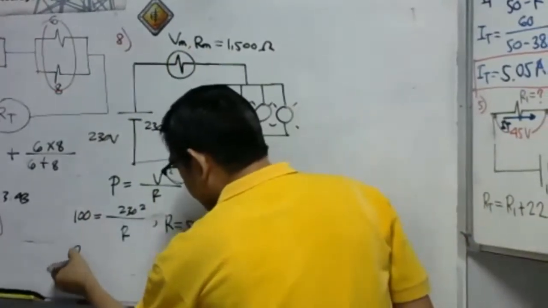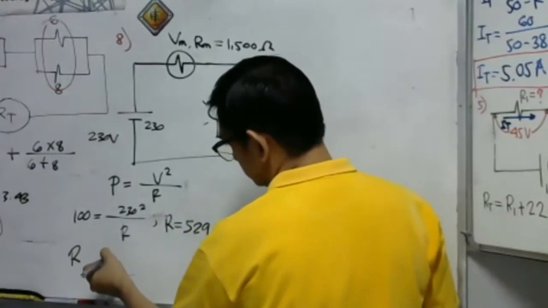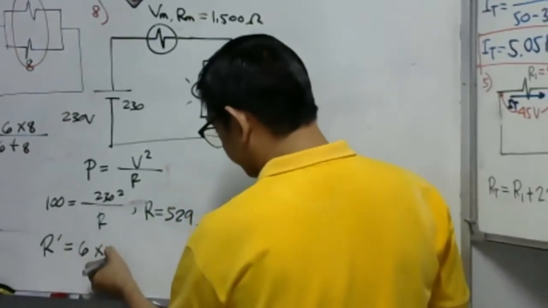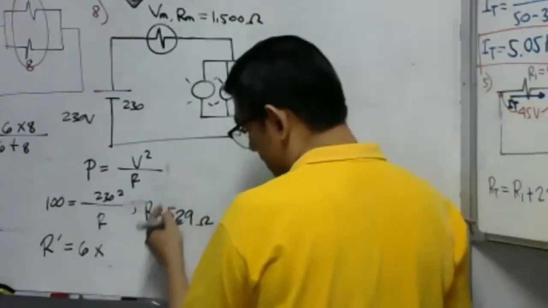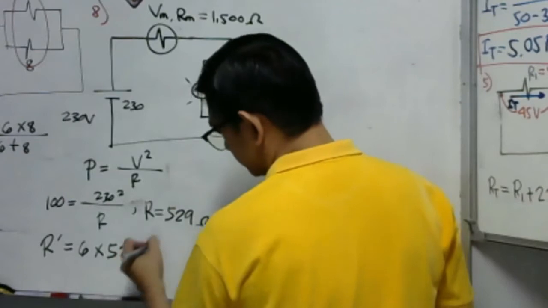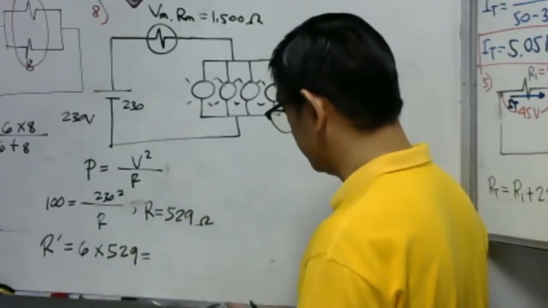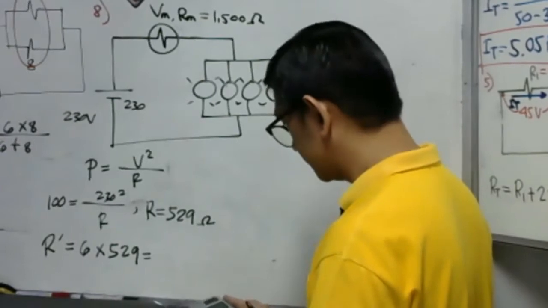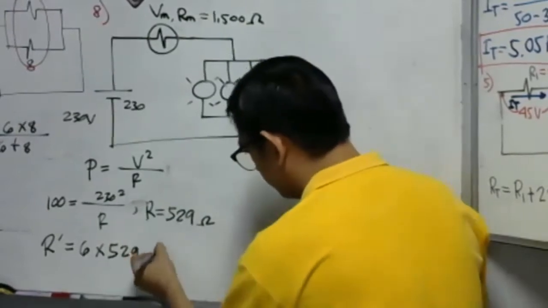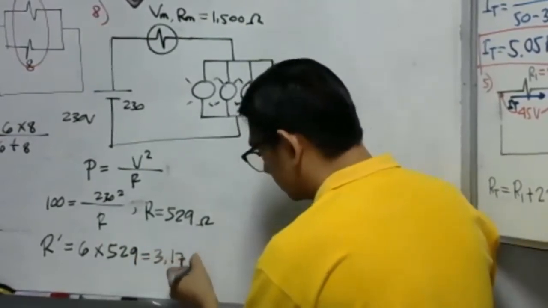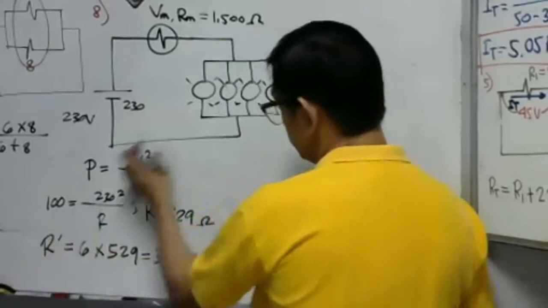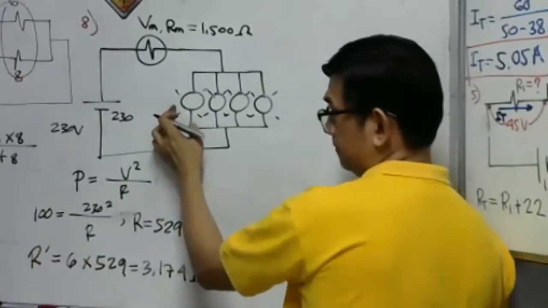So let's say R prime is 6 times 529, the resistance of each lamp. That is 3174 ohms, the resistance of each lamp for this condition.